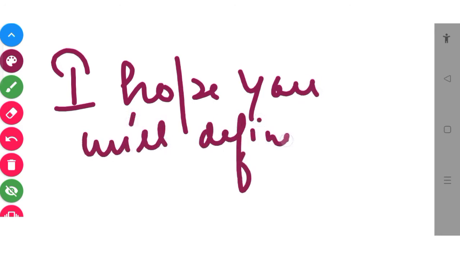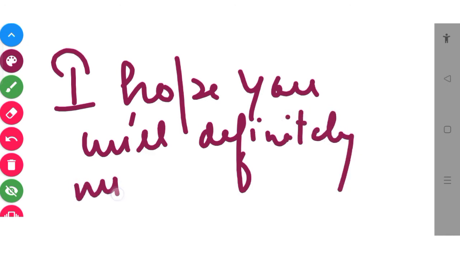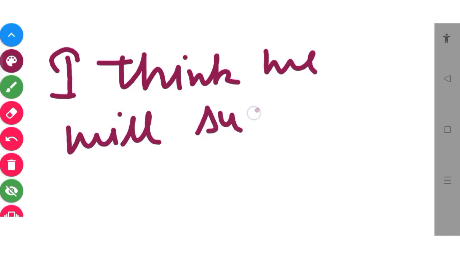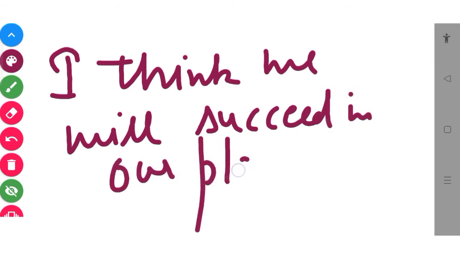You are hoping, you are expecting somebody to win, so there you are using will. That's also a basic use. One more example: we will succeed in our plan. So these are the three uses of simple future tense.